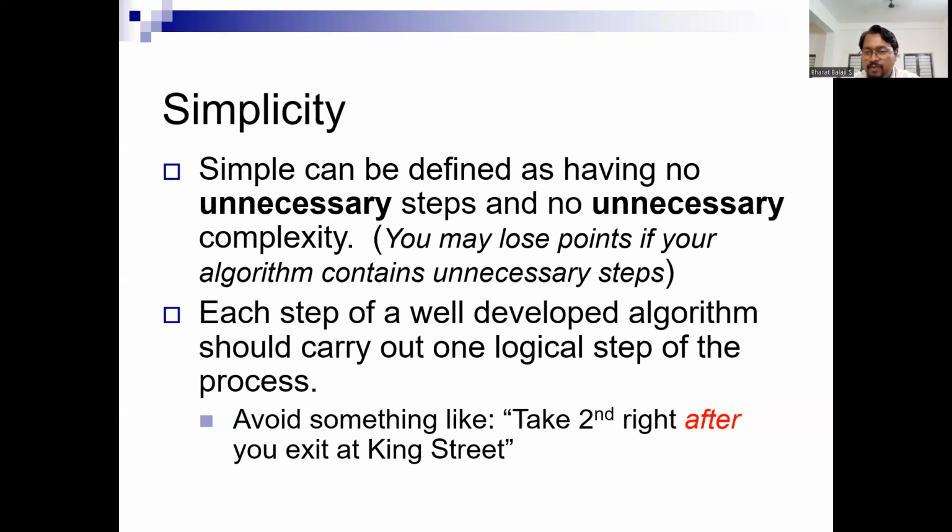Each step of a well-developed algorithm should carry out one logical step of the process. It should avoid something like "take second right after you exit at King Street." This is a real-life example of what to avoid.